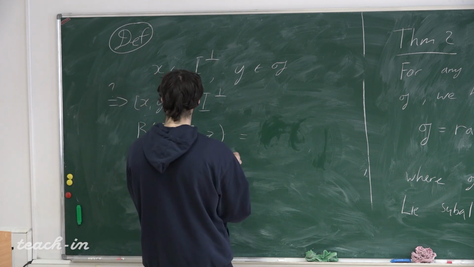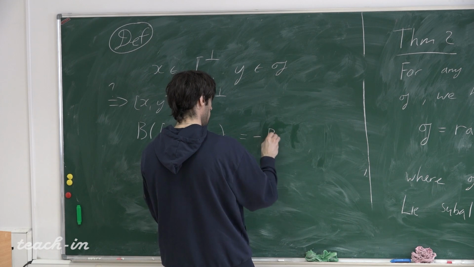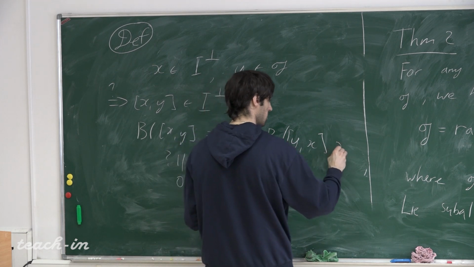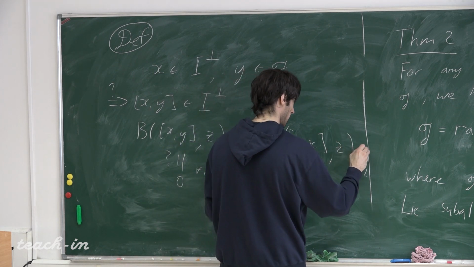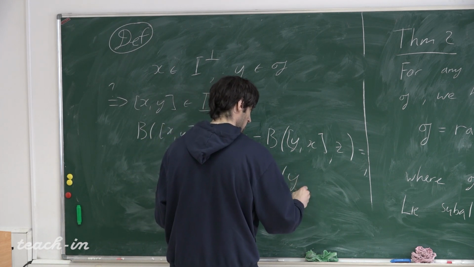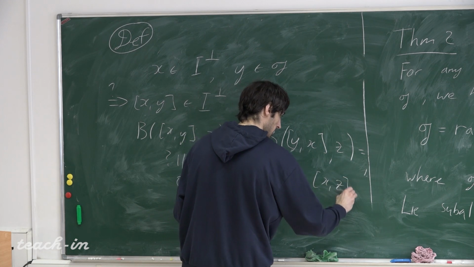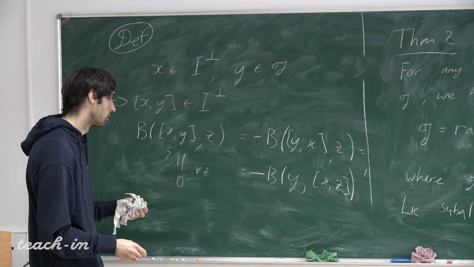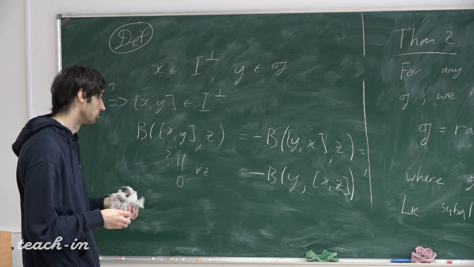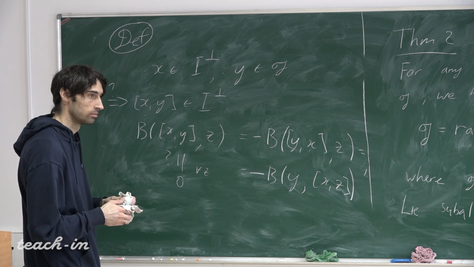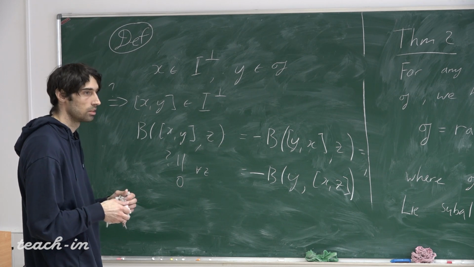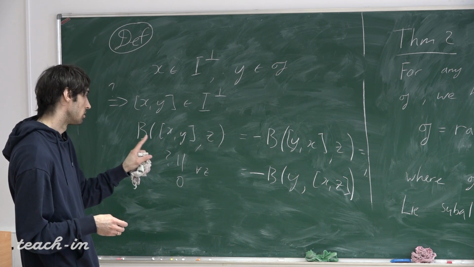So first I interchange, I will have negative B of the commutator of Y, X with Z. And then I use invariance, so it's negative B of Y, the commutator of X, Z.

I'm sorry, is the bilinear form defined to be symmetric, so that you could change the order of Y?